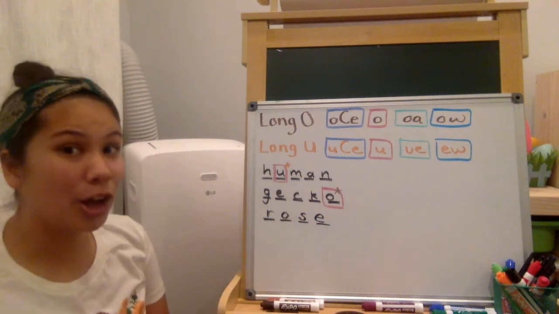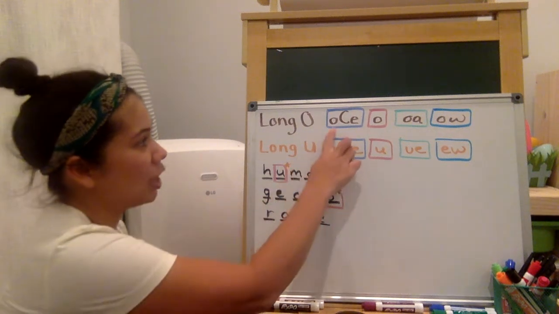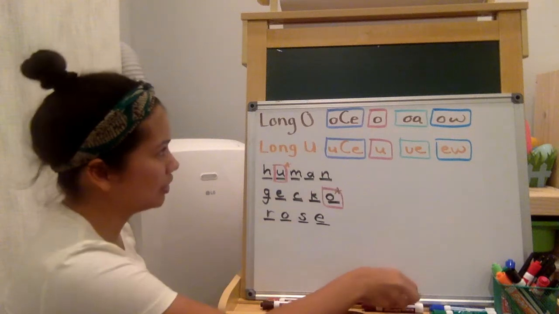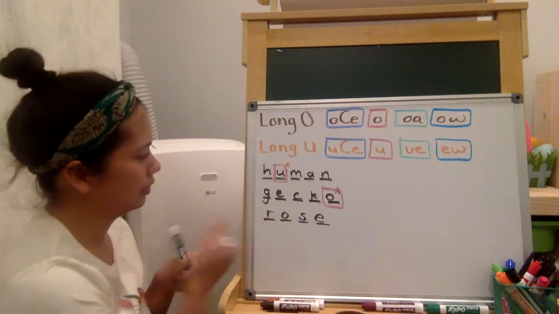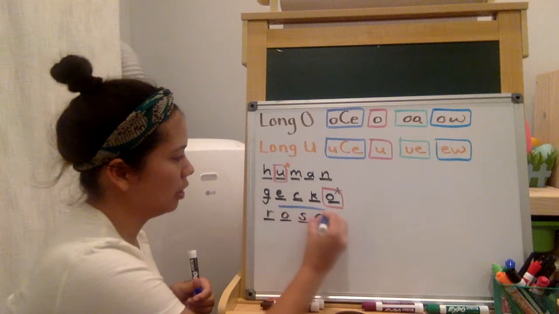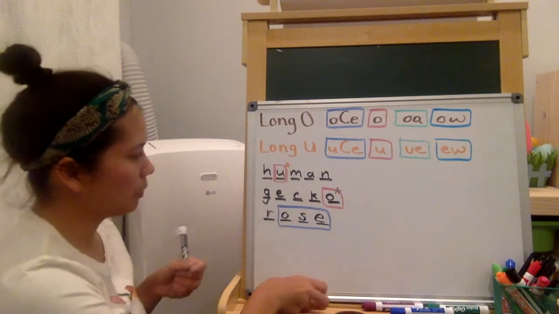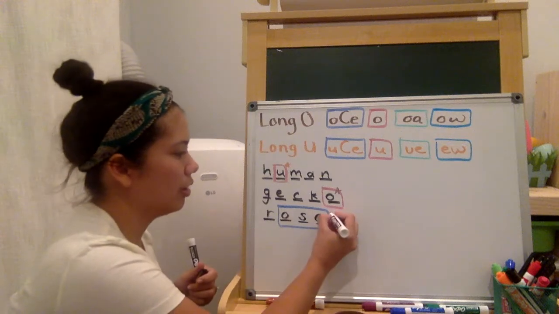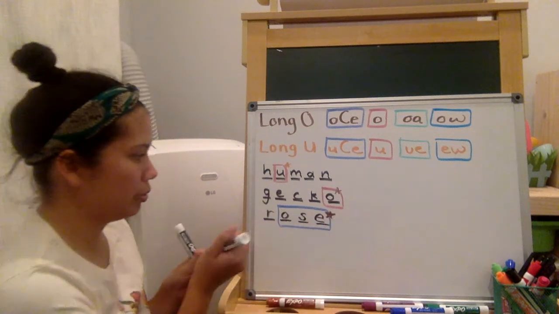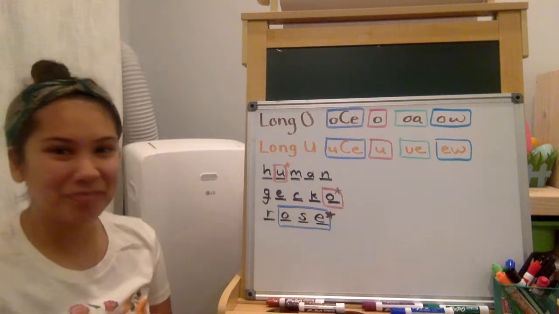That one has the long O sound, and it's O consonant E. So I'm going to use my blue to show O consonant E, and I'm just going to star it with my dark brown for the long O sound. Let's do another one.